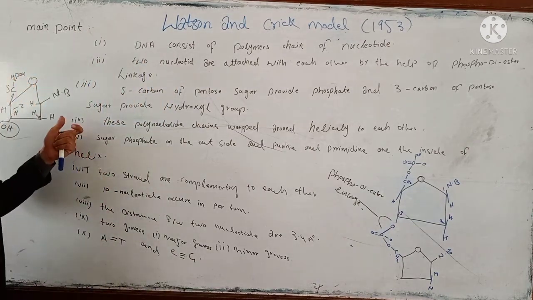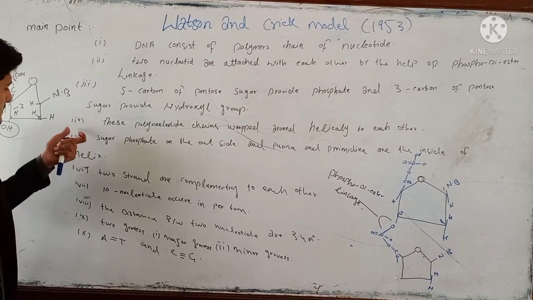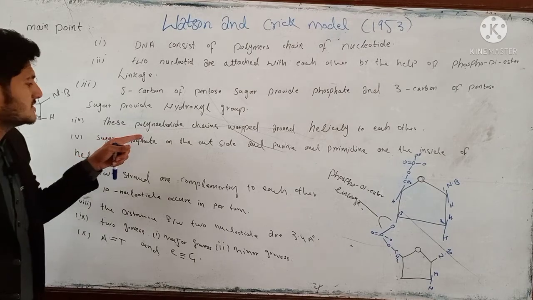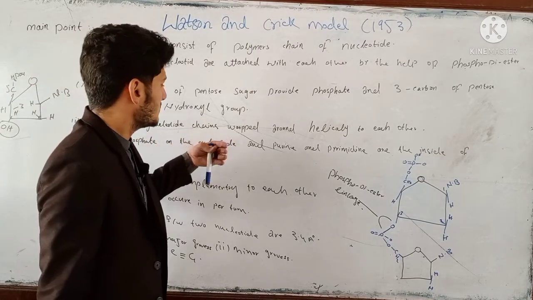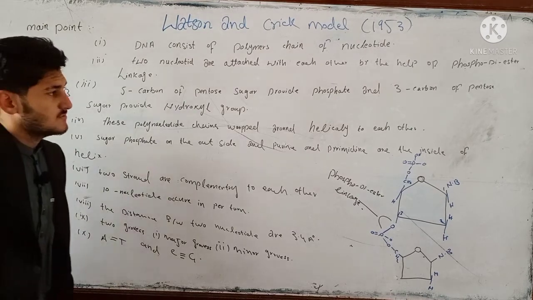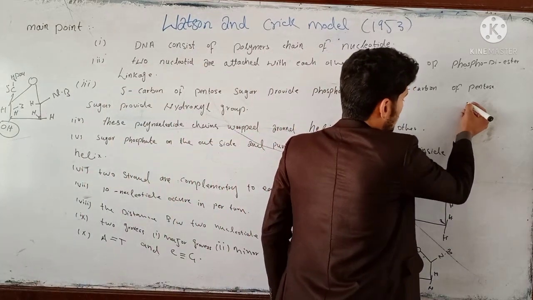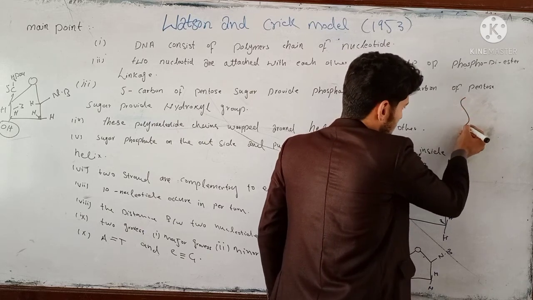Now coming to the fourth main point: these polynucleotide chains wrap around helically to each other. I draw the structure of the overall DNA molecule.